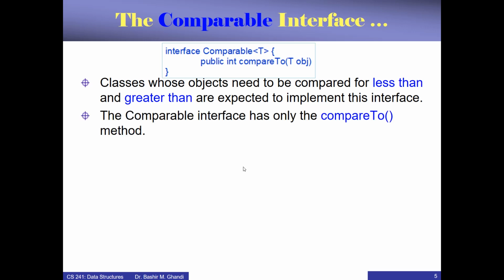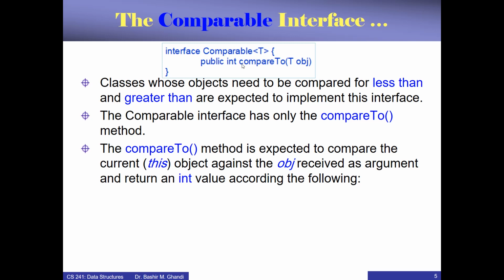Now, the method compareTo, if you notice, is not exactly like the equals method, because it is not boolean, it is int. So the question is, how does it work?